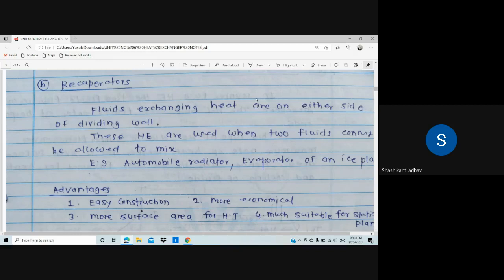More surface area for heat transfer. Then fourth one, much suitable for stationary plants.